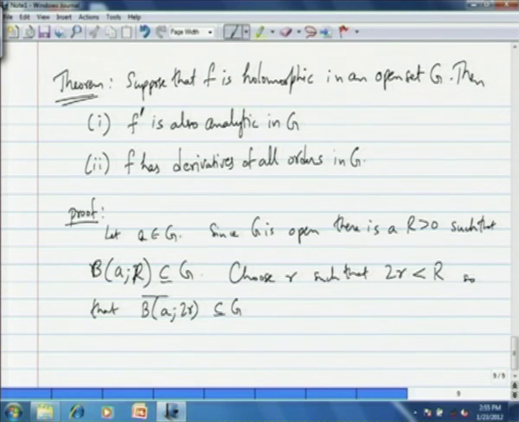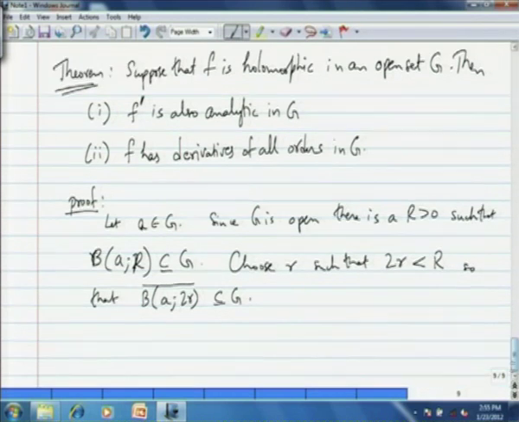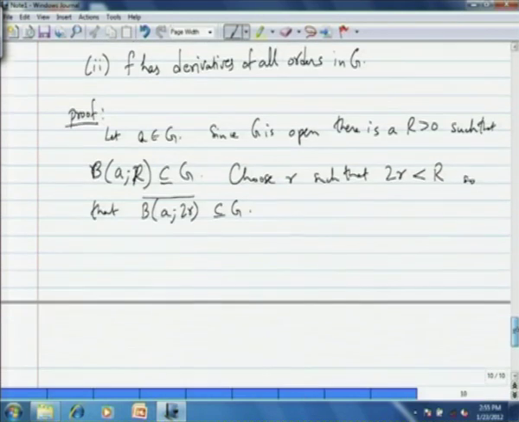Not only that, the closure of the ball of radius 2r is also contained in G, and the boundary of this, which we typically denote by gamma A to R, is contained in G. So, this is what we will need.